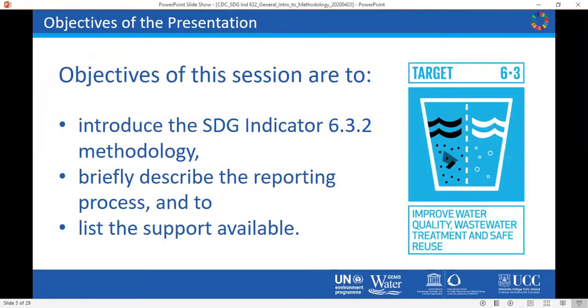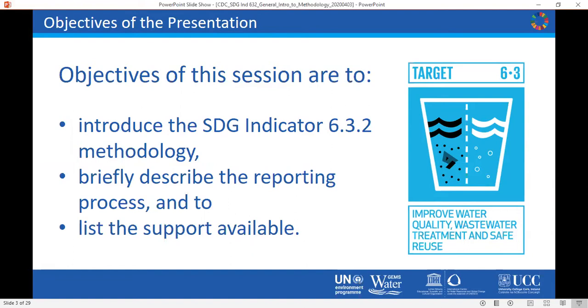So just to keep things moving, the objectives of this session: we're going to introduce the indicator for those who aren't familiar with it, and we'll provide a bit of context of where the indicator fits in within the SDG framework and Agenda 2030. I'll go into a little bit more detail on the actual methodology and give a brief overview.